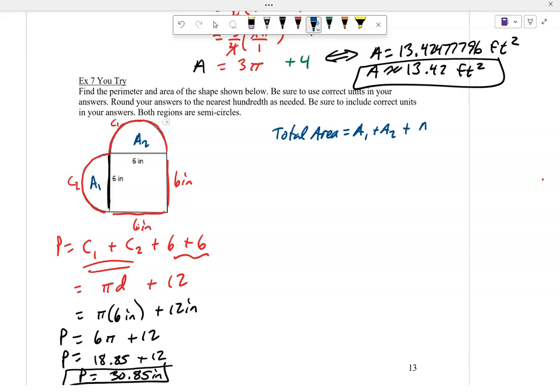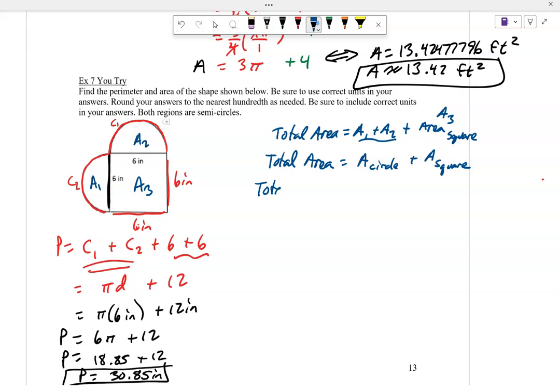And then the area of the square, I'm going to call that area 3. So we've got the total area: area 1 plus area 2 is the area of a full circle, plus the area of the square.